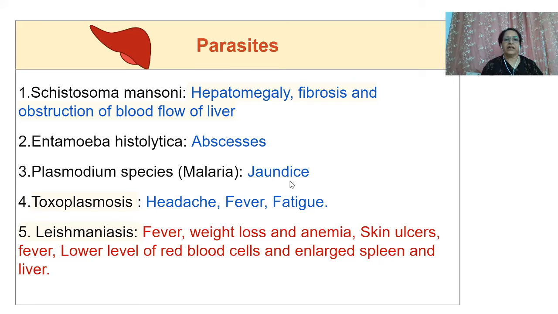That is, as there is continuous destruction of red blood cells, the hemoglobin released upon infection of red blood cells, that bilirubin is metabolized in the liver only.